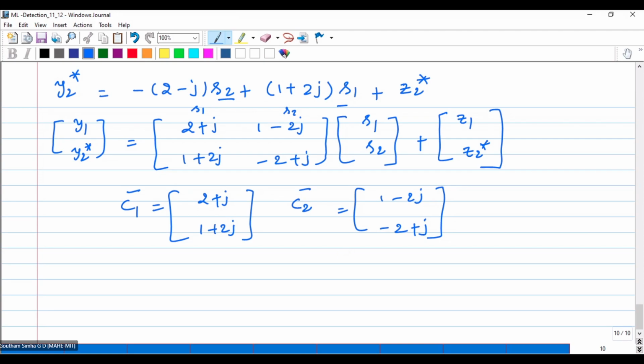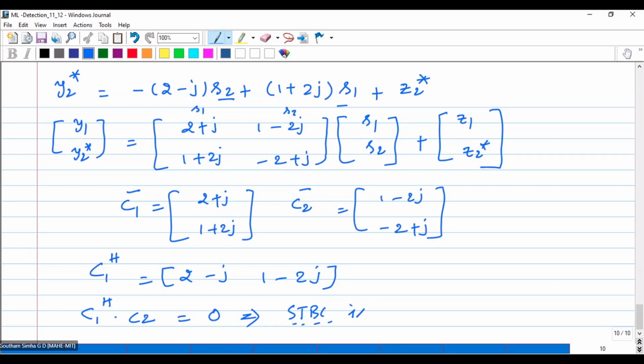So if you take Hermitian, C1 Hermitian, that is complex conjugate, that becomes 2 minus j, 1 minus 2j, correct? Now C1 Hermitian into C2 will give me orthogonal STVC. So hence you can prove this STVC, space-time block code, as orthogonal.